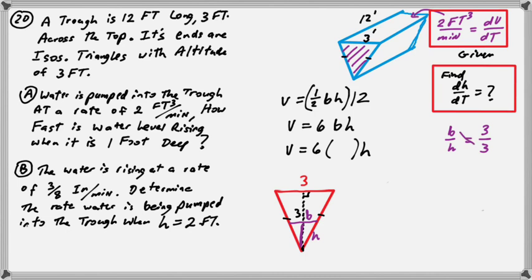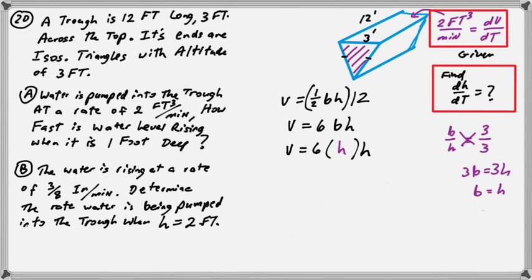And it just so happens that the base equals the height. Why? Because it's 3 feet across the top, 3 feet high. And that proportionality will always mean the base equals the height. So the base equals the height.